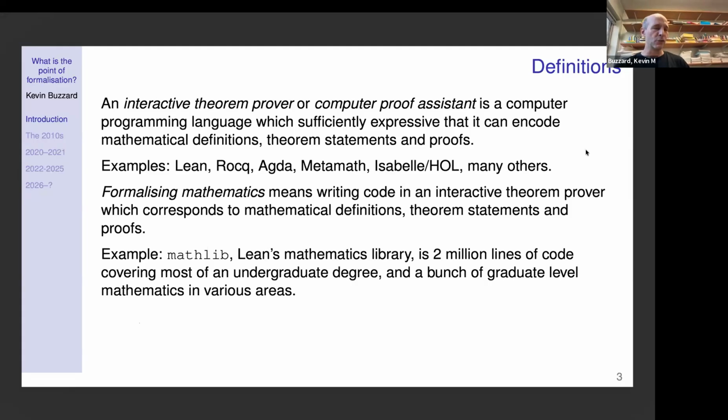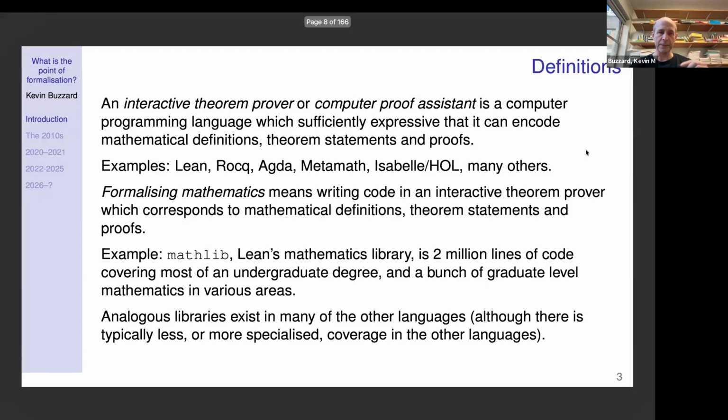If you had to draw a picture of it, it would be quite uneven, because there are some areas of mathematics where it's far more developed than others. For example, we're still missing some undergraduate level complex analysis and some undergraduate level manifold theory, but we have an absolute ton of homological algebra and commutative algebra that go way beyond a standard first graduate course. So that's an example of a large formal mathematics library.